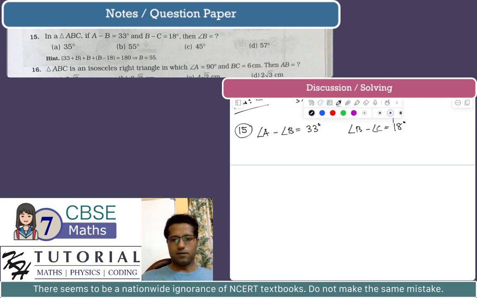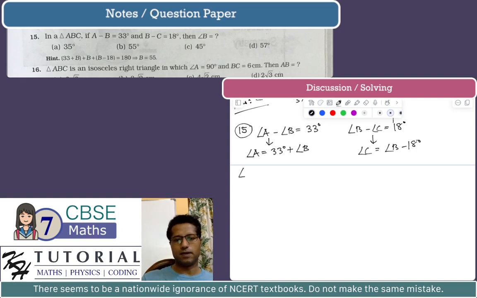Okay, so the general strategy that I apply is that from here I will get angle A in terms of angle B. So this will be 33 degree plus angle B, and from here I will get angle C in terms of angle B, which will be angle B minus 18 degree.